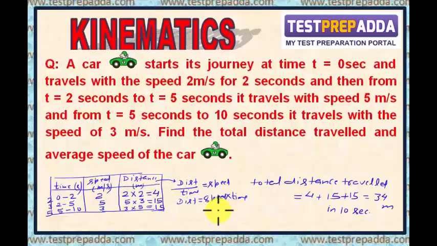So how will you write average speed? The average speed will be written as 34, that is the distance traveled, upon the time interval 10. So the value comes as 3.4 meter per second.